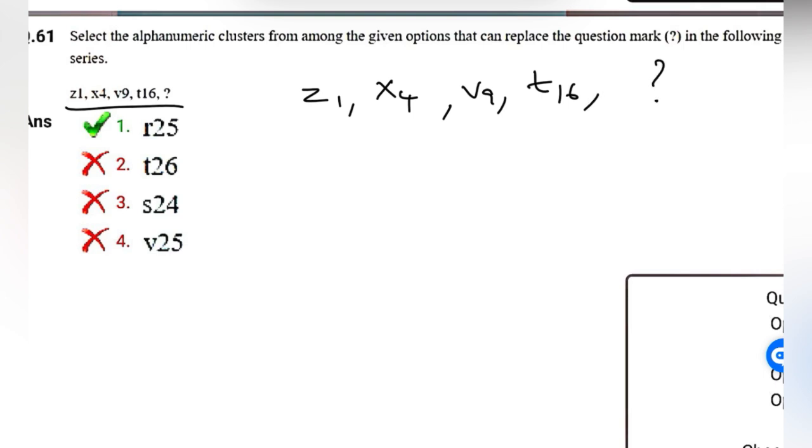Here the series is Z1, X4, V9, T16 and question mark.